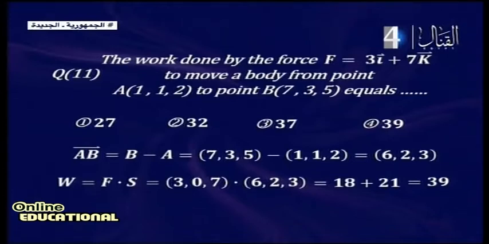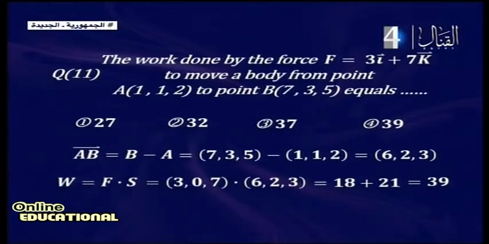How to find the work done by using the force F equals 3i plus 7k to move this body from point A 1, 1, 2 to the other point 7, 3, 5. The first, we know that the work done equals F dot S. What is the force?